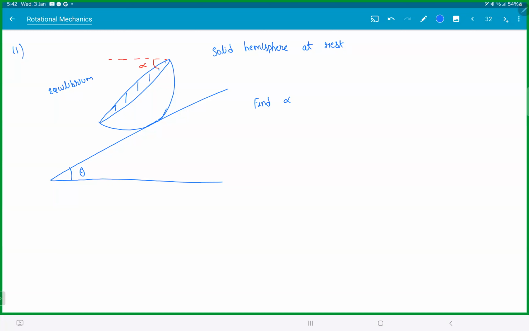Did you draw the FBD? How many forces are there? How many are there? How many others?